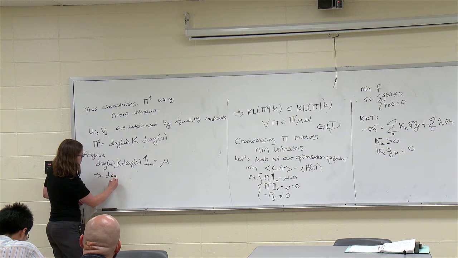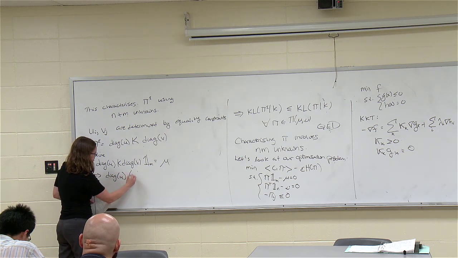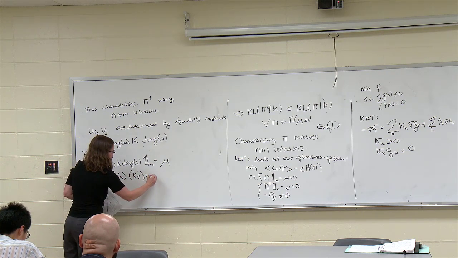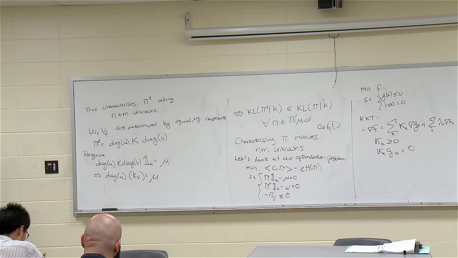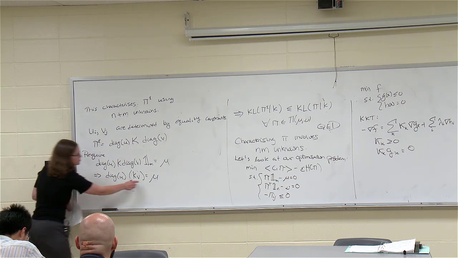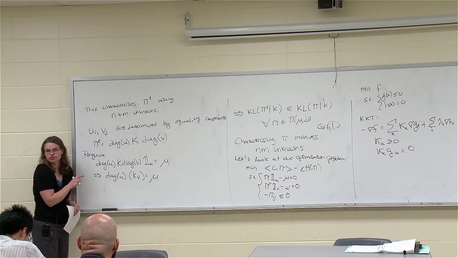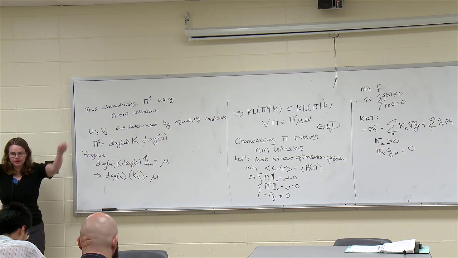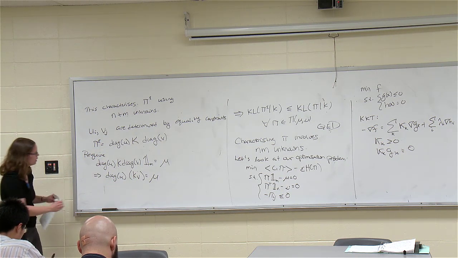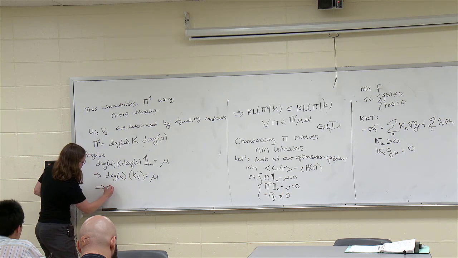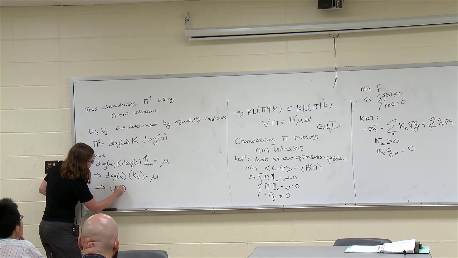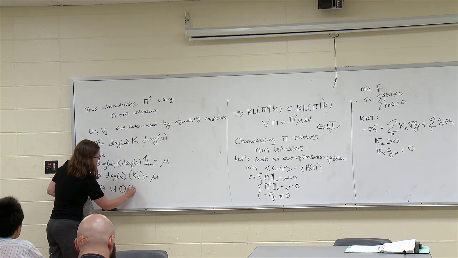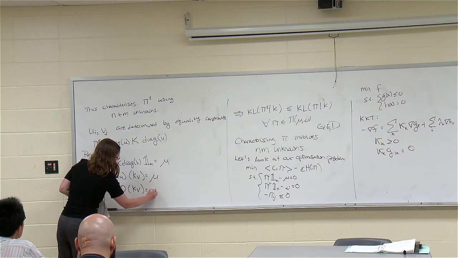Diagonal of U times KV is equal to mu. Okay, this is a vector, this is a vector. We're just dotting these vectors together, basically. We're doing component-wise multiplication. So another way to say this is U, here I mean component-wise multiplication, KV is equal to mu.